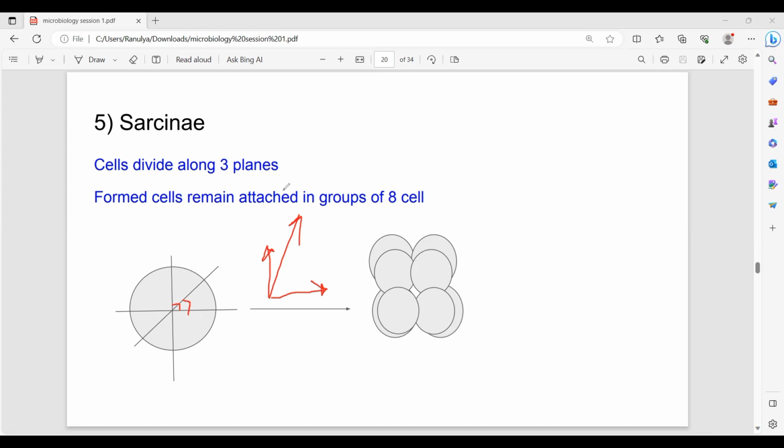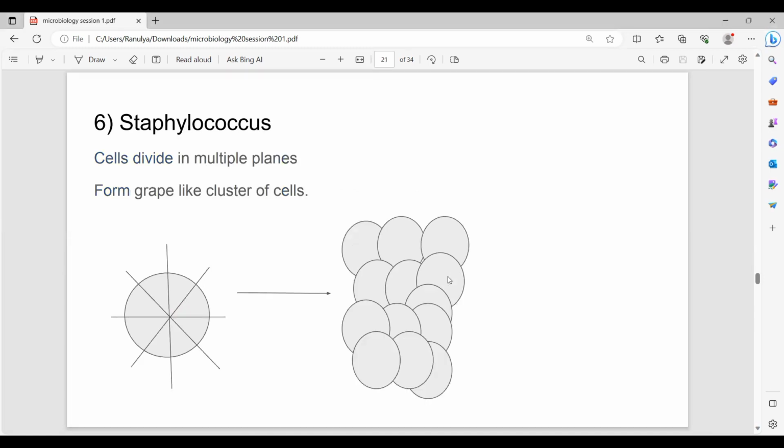Here, 8 cells are produced and all those eight cells remain attached, right, as in a group. Okay? Sarcinae. The last one of coccus. Staphylococcus. Staphylococcus means cells divide in multiple planes and form grape-like clusters of cells. Okay?